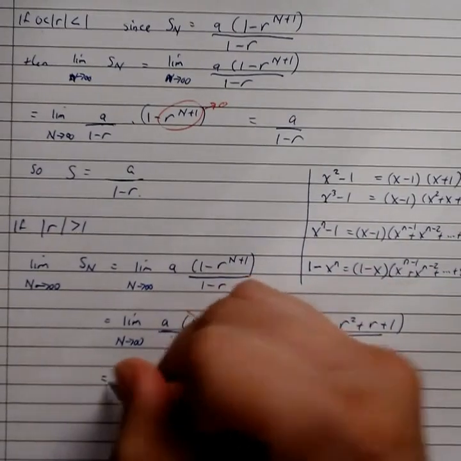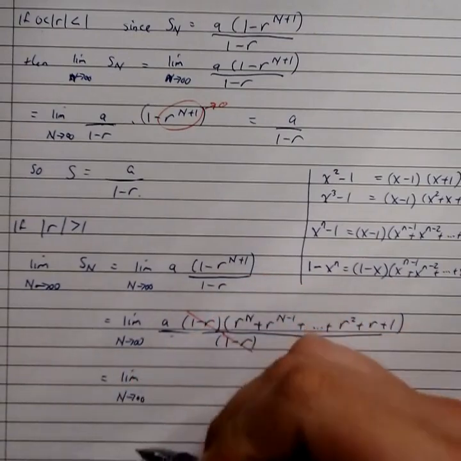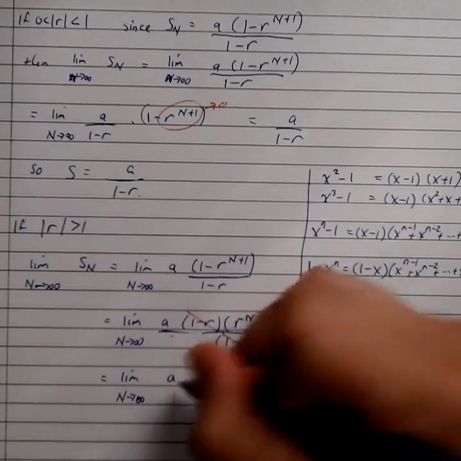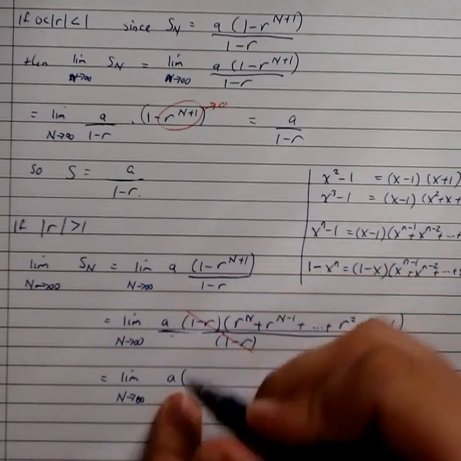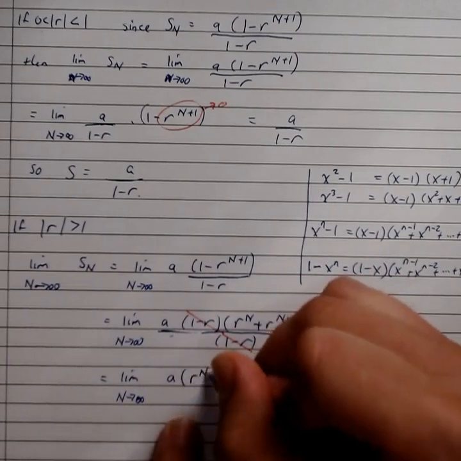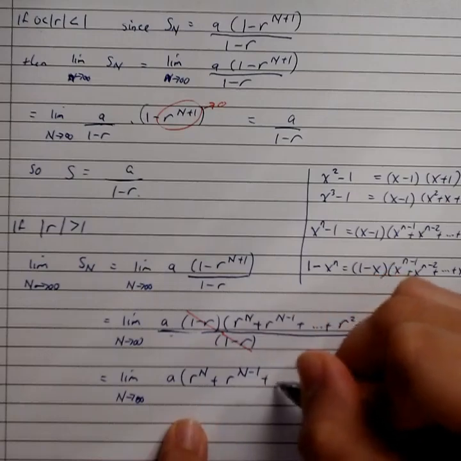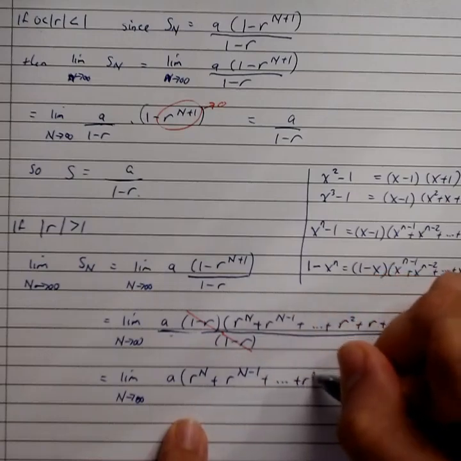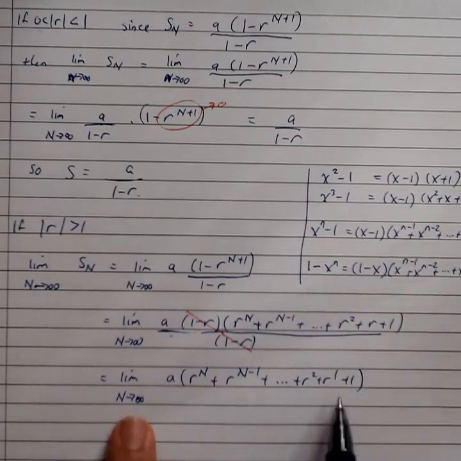All right? So here that's going to equal the limit as n approaches infinity of a times r to the n plus r to the n minus 1 plus ... plus r squared plus r to the 1 plus 1. Well, notice that's a polynomial.